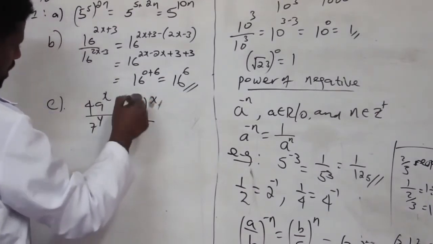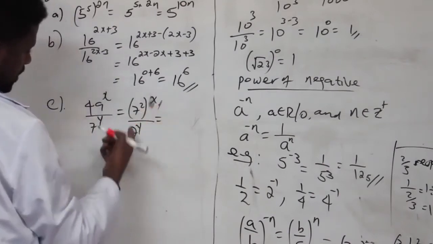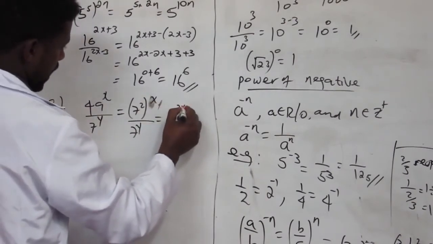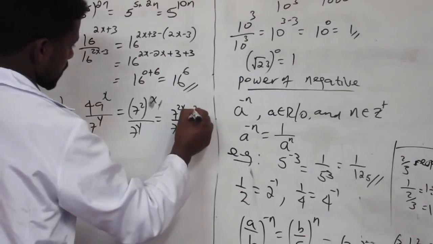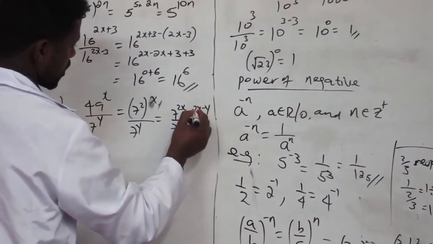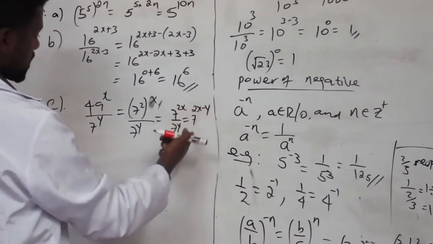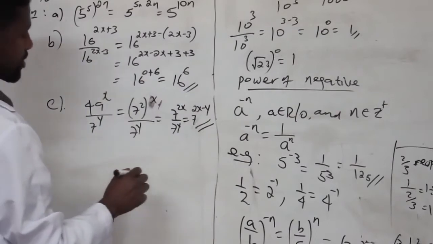Now we have changed them to like bases. 7 squared the whole to the power of x means 7 to the power of 2x over 7 to the power of y, which is equivalent to 7 to the power of 2x minus y. Now 2x and y are different terms, so we can't subtract. So we keep it as 7 to the power of 2x minus y.